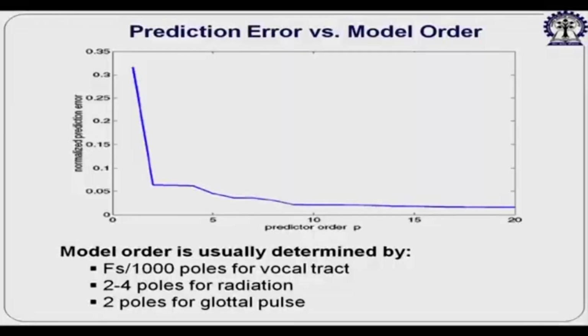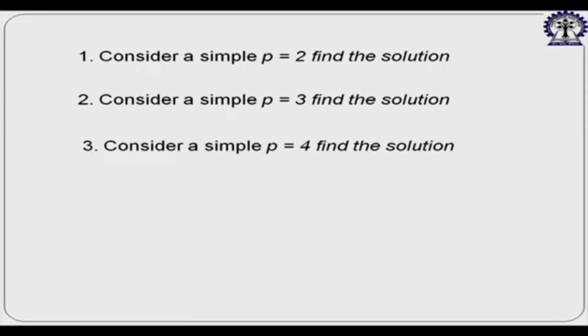Okay. Now, how do you define the order p? I say prediction order. On which factor is p dependent? I may take a signal which is 8 kilohertz sampling rate, or 16 kilohertz, or 32 kilohertz.